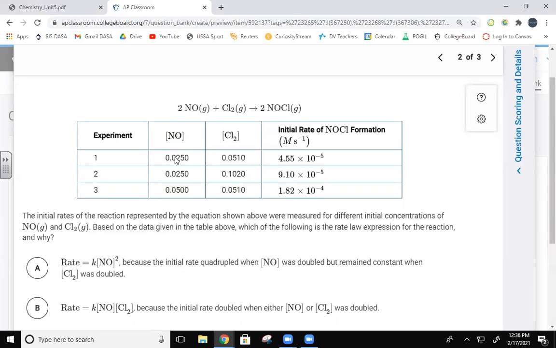So in this experiment, we have these two concentrations, 0.0250 and 0.0510. Why do they have to do 0.0510 and not just 0.05? I know, right?